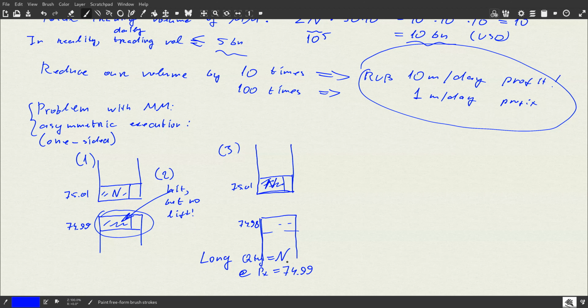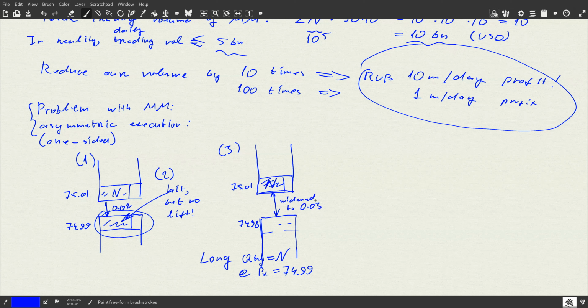Okay, what will happen with the order book after that? The bid-ask spread used to be 0.02 here. Now, the bid-ask spread widened to 0.03.